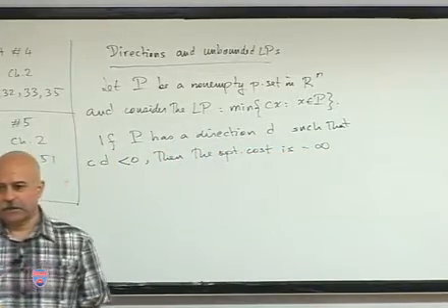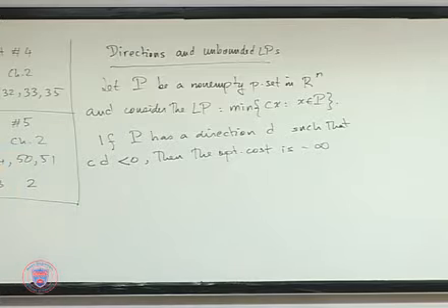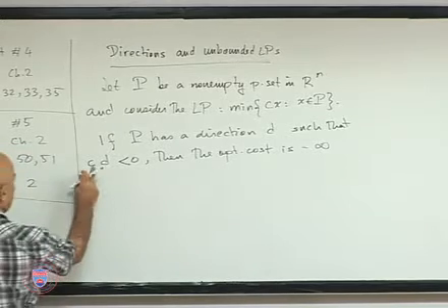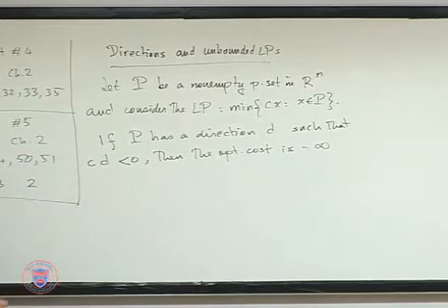The problem under consideration is unbounded. Under what circumstances? If there's a direction D whose dot product with C is less than 0.